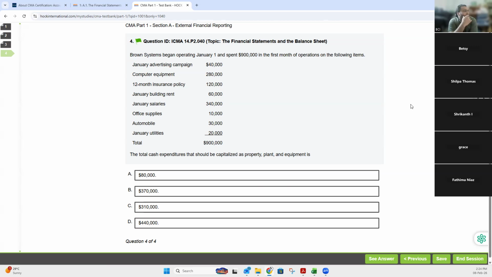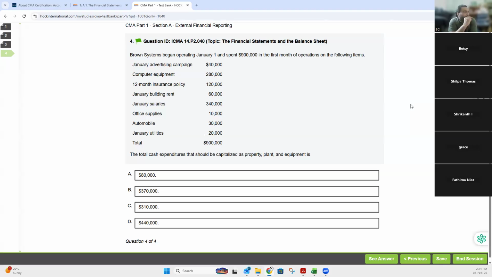The total cash expenditure that should be capitalized as property, plant, and equipment is how much? 370.